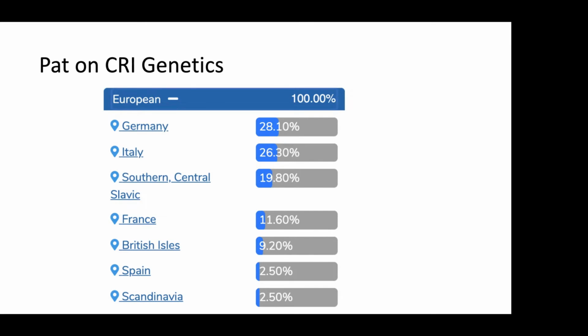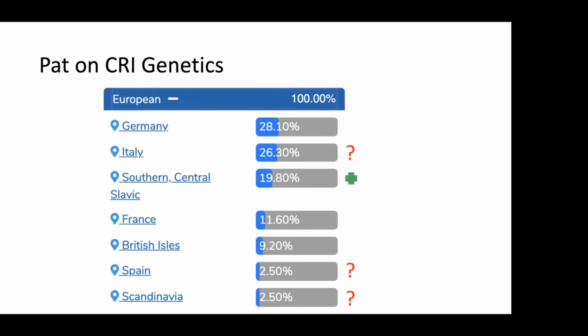Here are Pat's results for the CRI Genetics test. I had not included this test originally, but they were advertising heavily and many people were asking me for my opinion. So I had Pat do this one too. The only region on this test that includes Croatia is called Southern Central Slavic at about 20%.